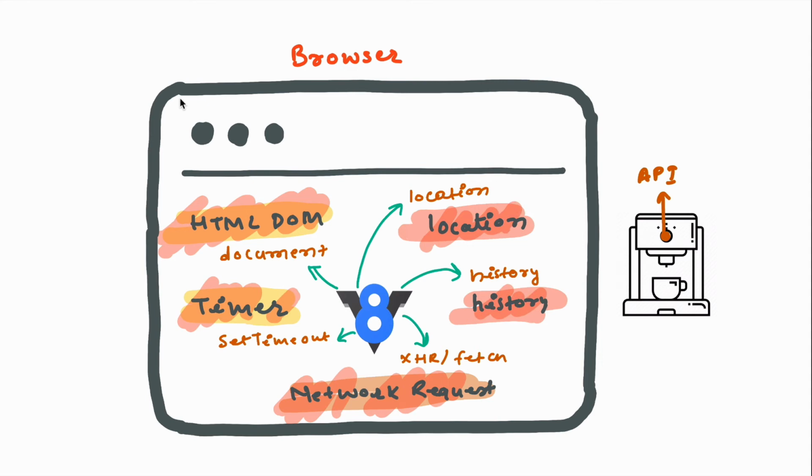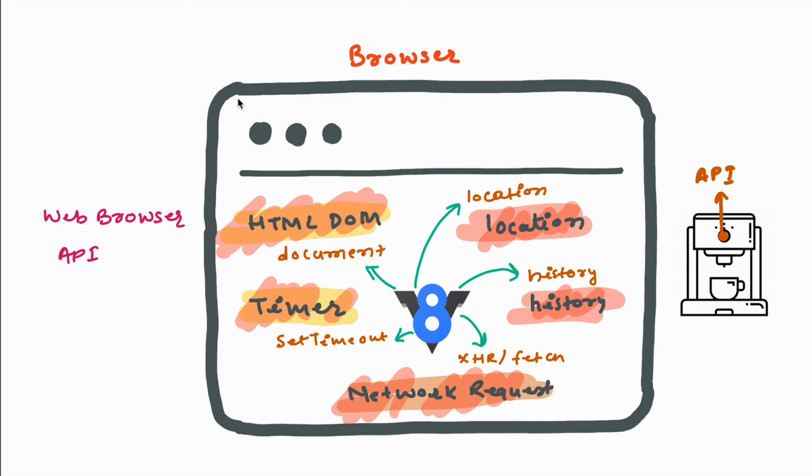And how do we interface with them? By using the functions provided by the browser, also known as API. So all these extra features other than JavaScript altogether are also known as web browser APIs. You can think of HTML DOM as a web browser API. Similarly, timer, location, history, XHR, fetch, these are all web browser APIs.